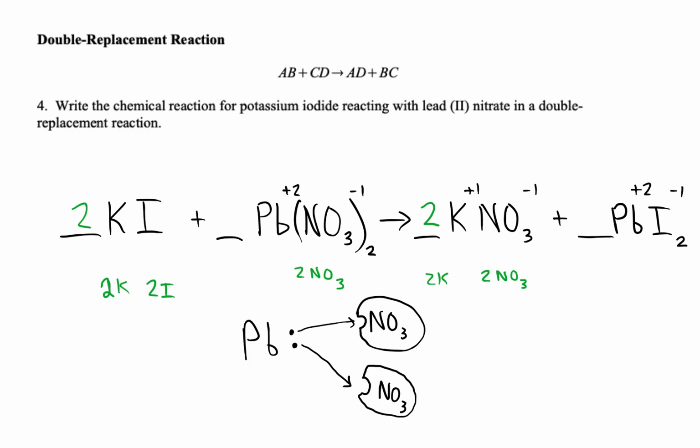It looks like that may balance it perfectly at that point, because our single lead here matches with the single lead there, and our 2 iodines on the left match with the 2 iodines on the right. Everything checks out, so that's going to be our balanced formula.